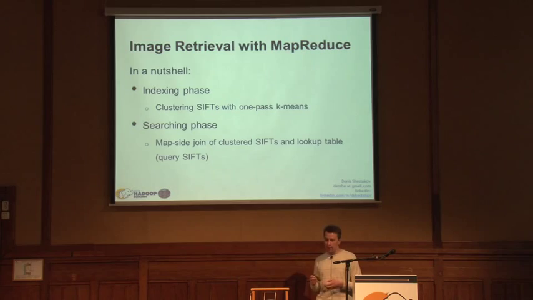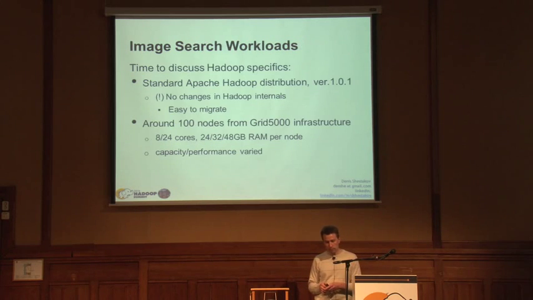And at the searching phase, if you're familiar with Hadoop, this process is called a map side join. We join the clustered SIFTs of our original collection with the SIFTs in the lookup table.